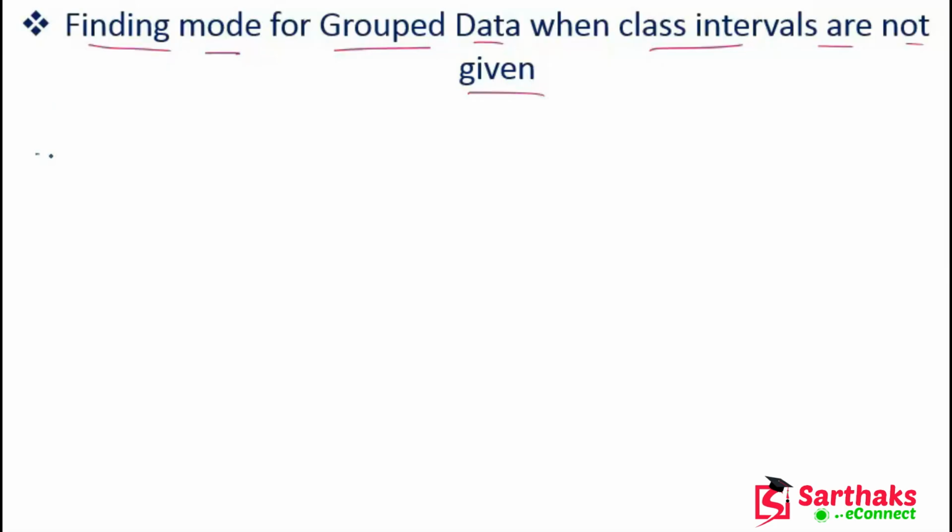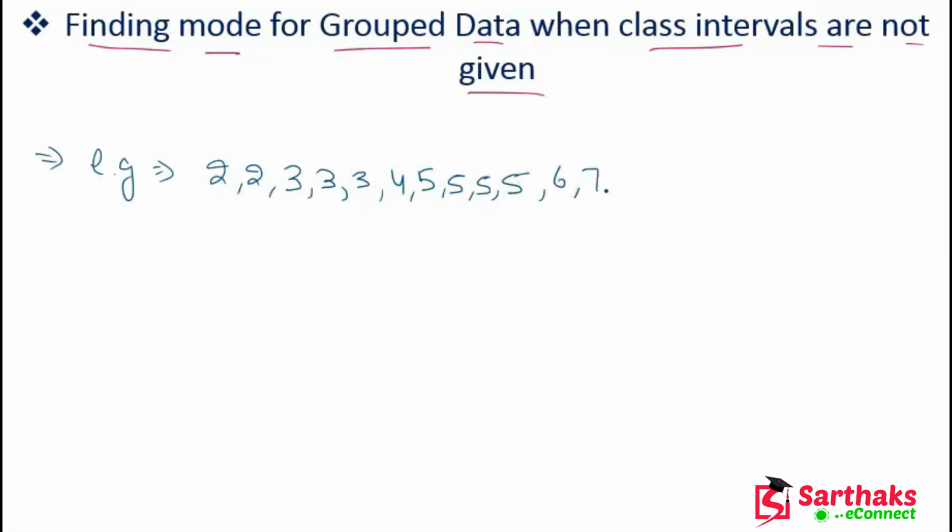So let's suppose we have a data like this, which is in grouped form. For example, 2 2 3 3 3 4 5 5 5 5 6 7 8 8.